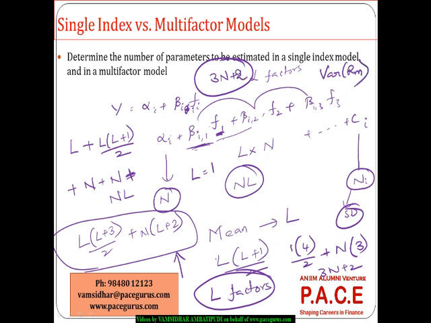So actually I would get 3n plus 2 parameters in case of a single factor model, whereas in case of a multi-factor model, if there are L different factors being considered, I require L into L plus 3 by 2 plus n times L plus 2 data elements to properly estimate the parameters quite comfortably. Alright. So this is how we can differentiate between the number of parameters to be estimated in single factor versus multi-factor models.